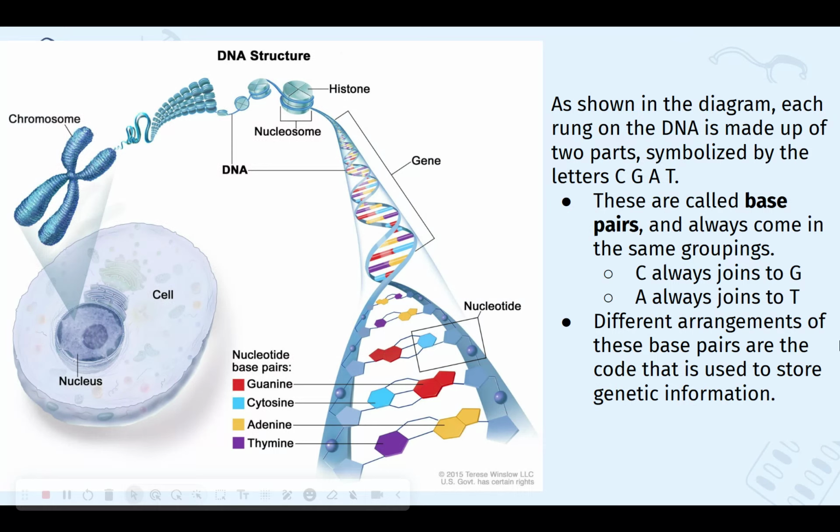And then we'd notice that the DNA itself is made up of what are called base pairs. These are chemical structures where C always joins with G and A always joins with T. And they go in this sequence over and over and over again. And you might say, well, how can that store all the information of how to make a person?